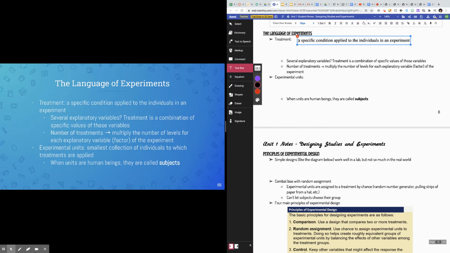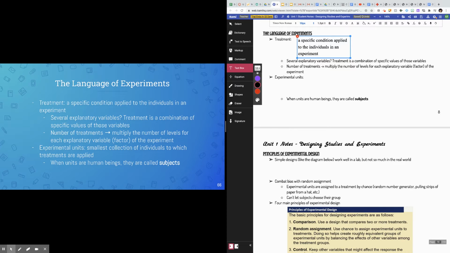Okay, so it's the different levels almost of what you are imposing on individuals, what you are deciding to change as the scientist. Okay, there may be certain times when you want to test more than one variable at a time, and design an experiment around more than one explanatory variable at a time.